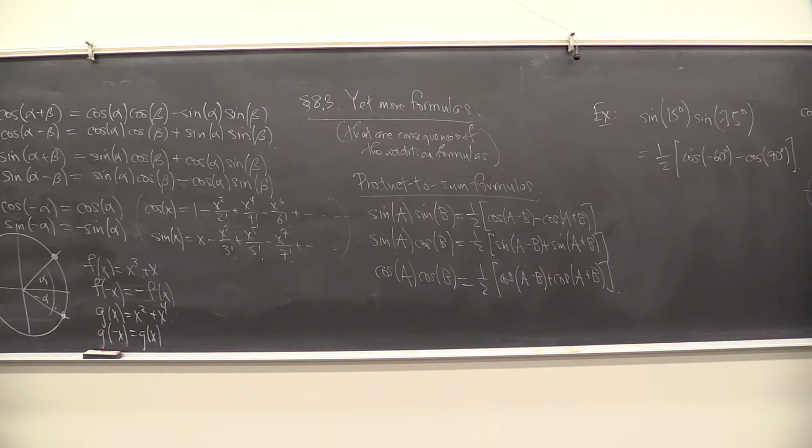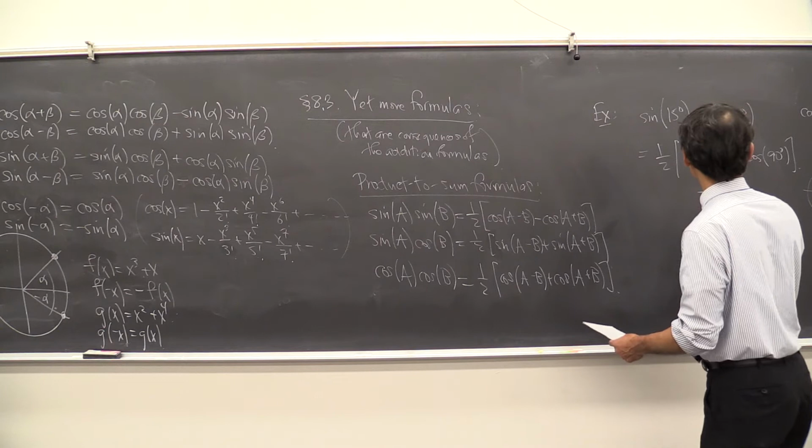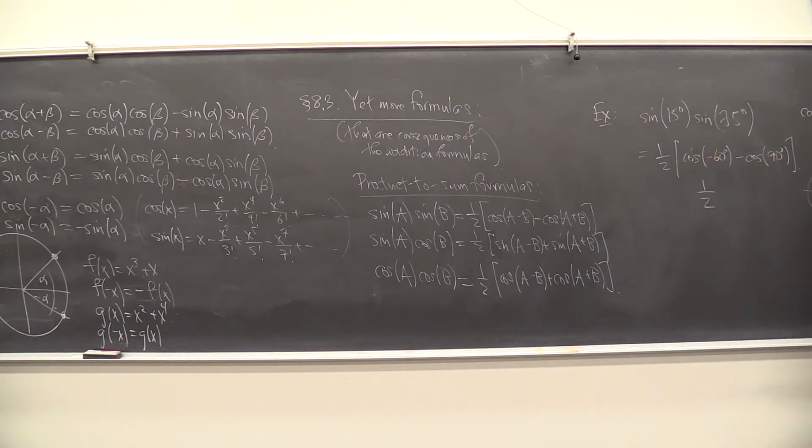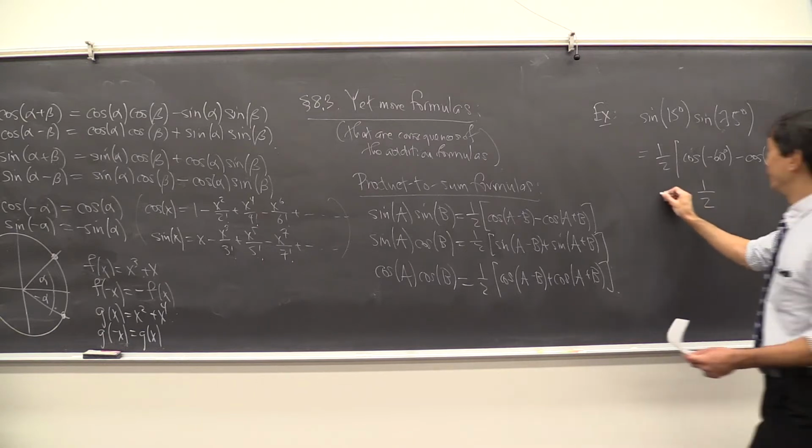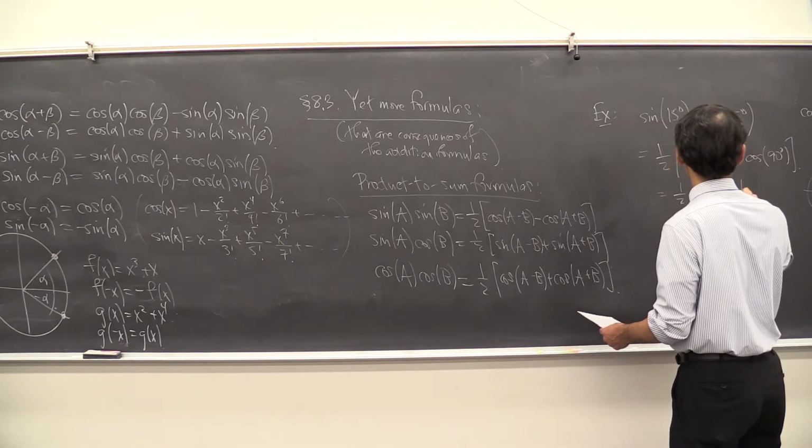Anybody know the cosine of pi over 3? It's okay if you don't. It's the half. So it's a half. And then the cosine of 90 degrees is the x coordinate of this point, which is 0. So we get 1/2 times 1/2, which is a quarter.